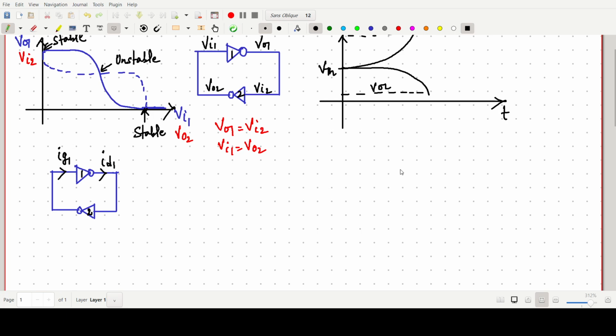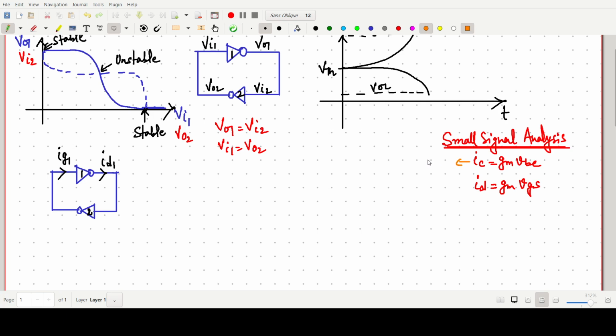Why I am saying small signal analysis, I want to give some idea about it. In small signal analysis, for the BJT, as we know, the collector current IC equals Gm times VBE. Similarly, for the MOSFET, the drain current ID equals Gm times VGS. I am not going to discuss this in more detail, but you have to know this one for BJT and this one for MOSFET.